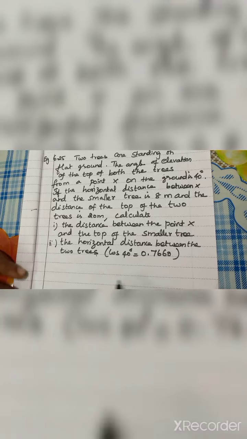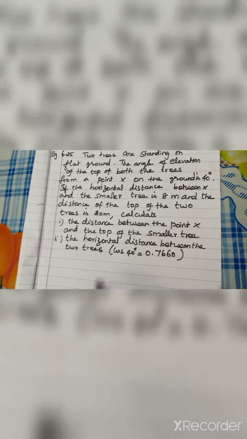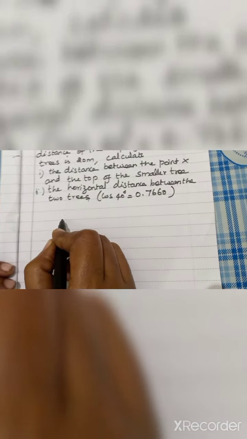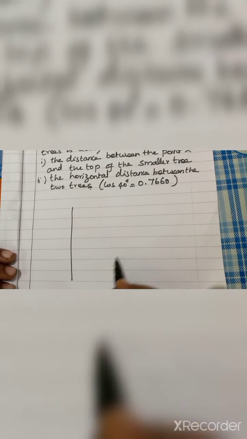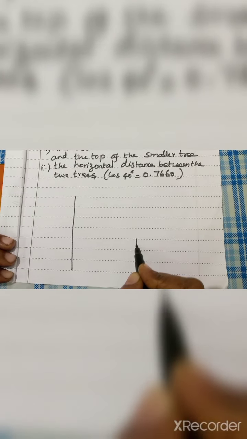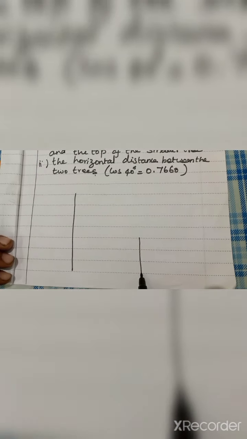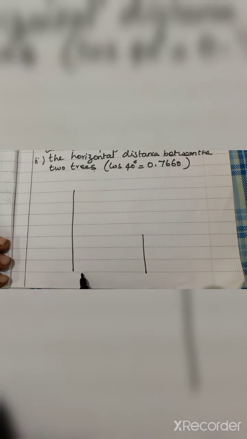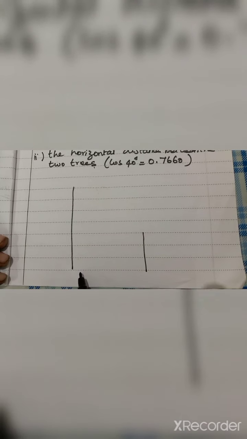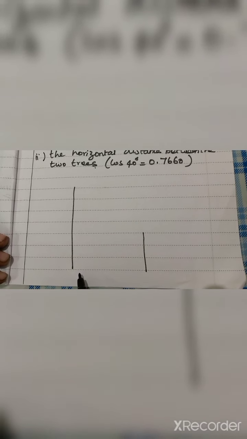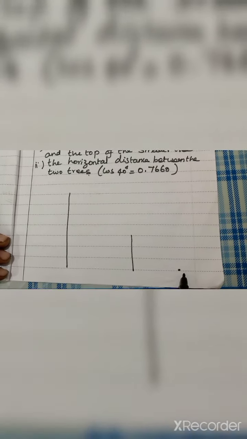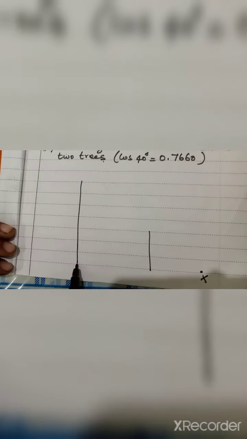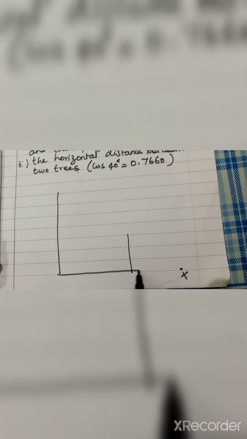Okay, two trees are standing. So let us take here a tree, and one more tree, two trees. The angle of elevation of the top of both the trees from a point X. Take the point here, that is X. Join the horizontal level, it is ground level.